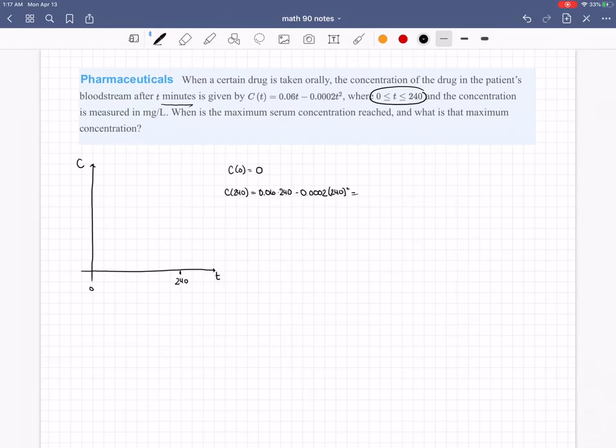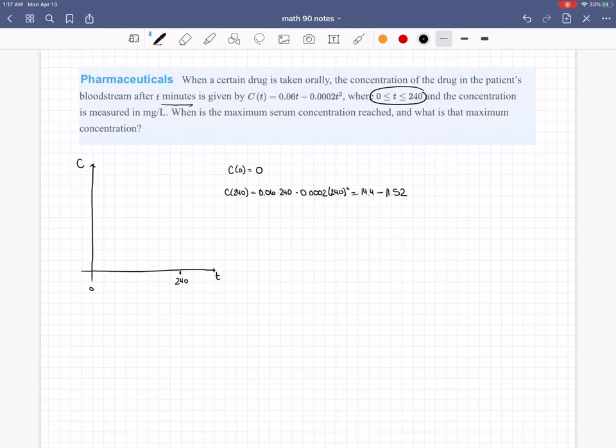So we have 0.06 times 240, which is 14.4, minus 0.0002 times 240 squared, which is 11.52.